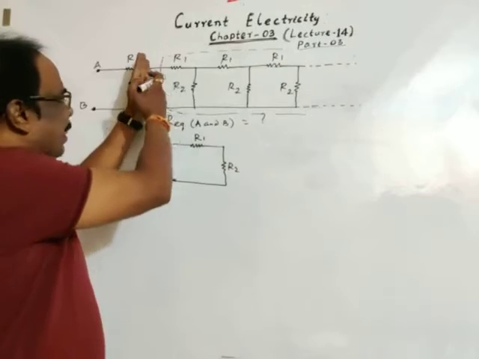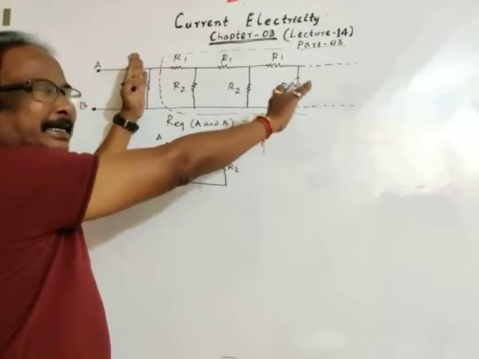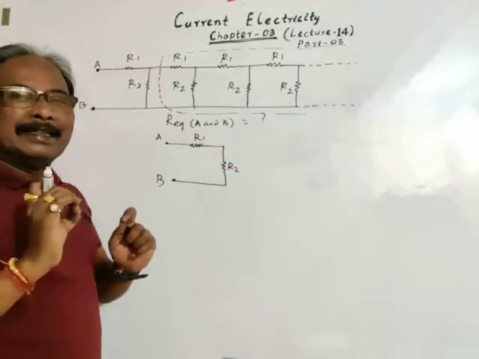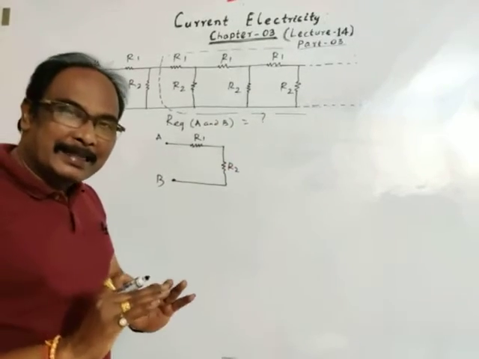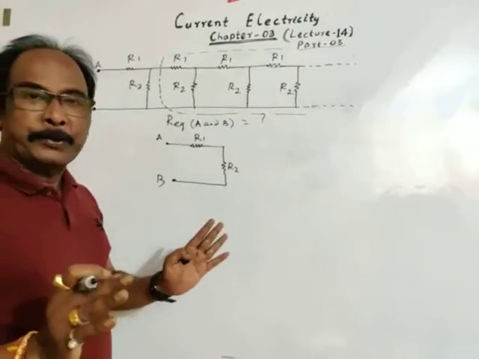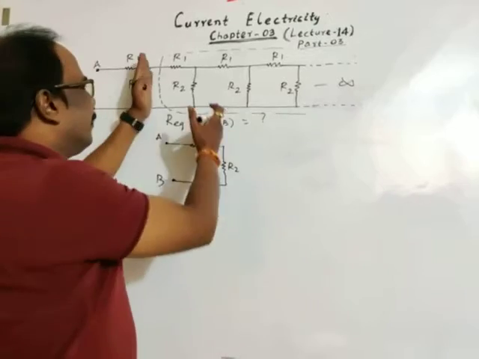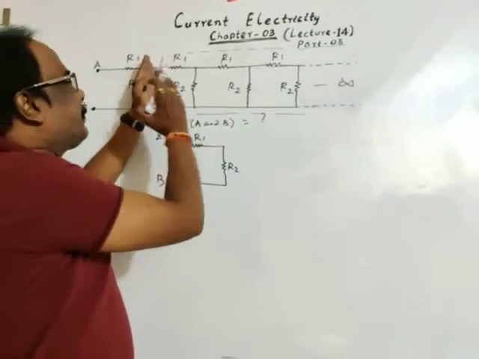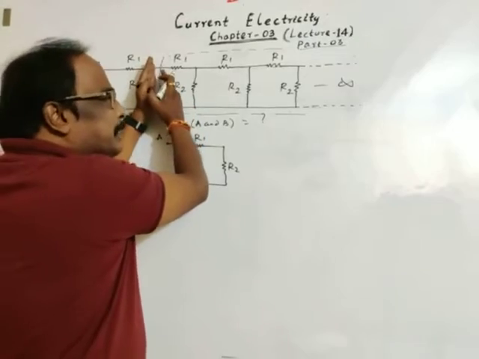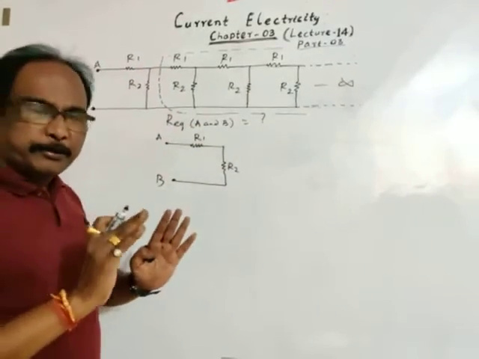And thereafter, all the sets left combine to give an equivalent resistance, which is X. Infinite sets are there. Equivalent resistance of these infinite sets of resistors, let X.